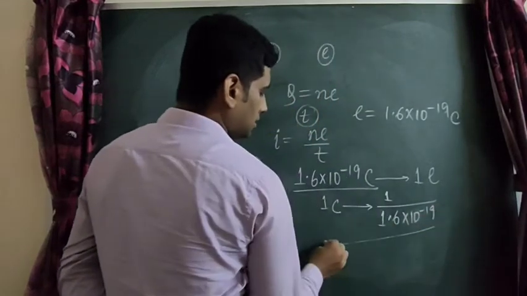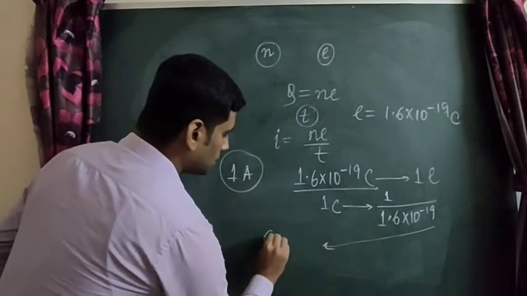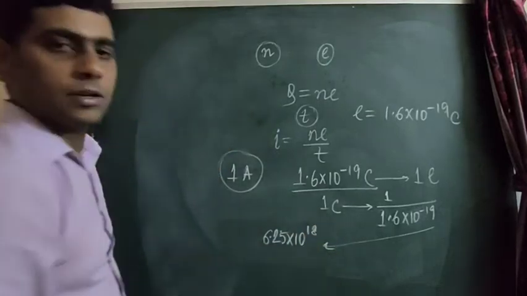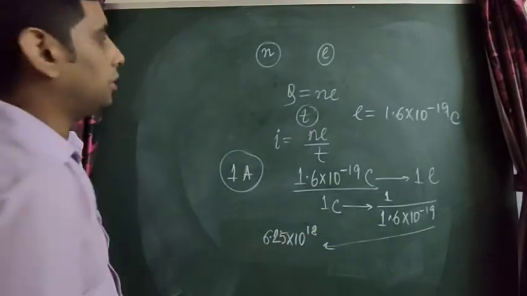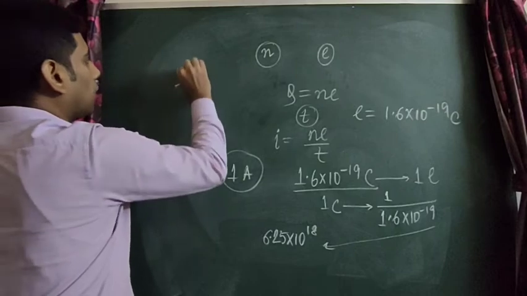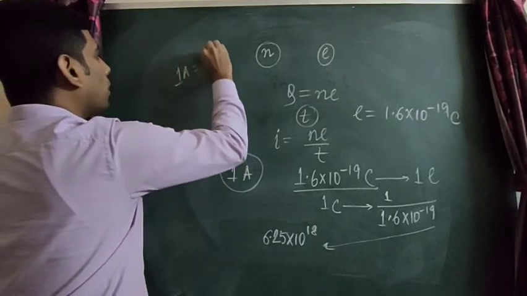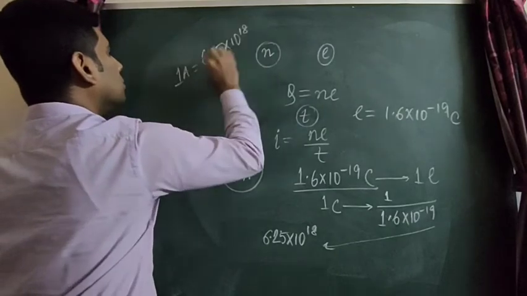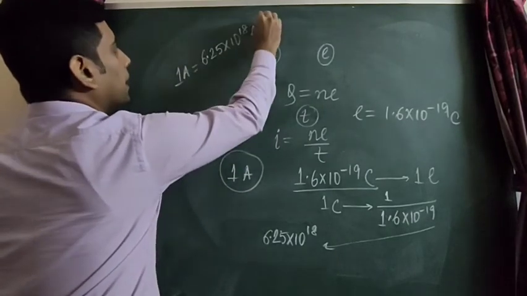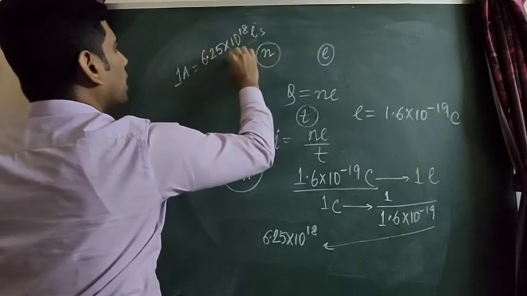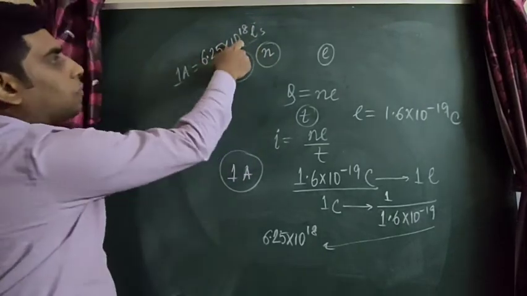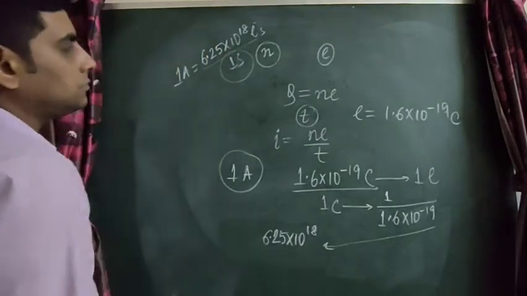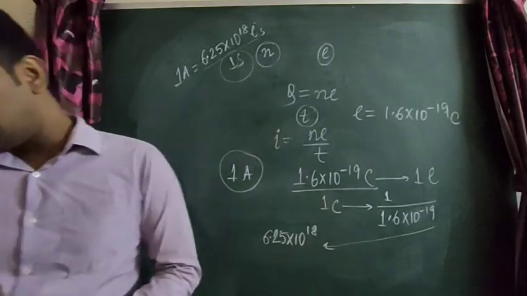If you calculate this, it will come as 6.25 into 10 to the power 18. That means 1 ampere current can also be defined as 6.25 into 10 to the power 18 electrons moving in 1 second. In place of 1 coulomb, I can also put the number of electrons which is equivalent to 1 coulomb charge. I hope this is clear to you.